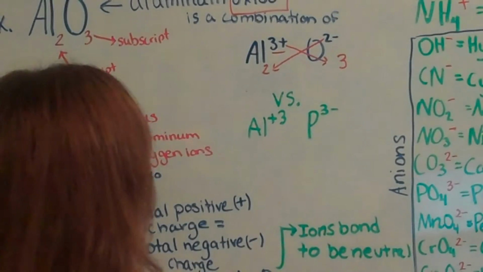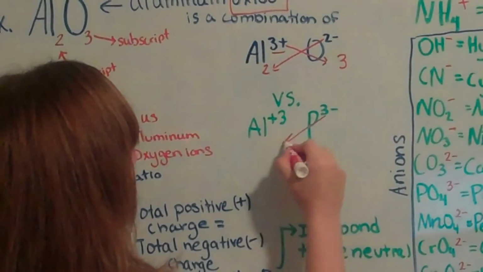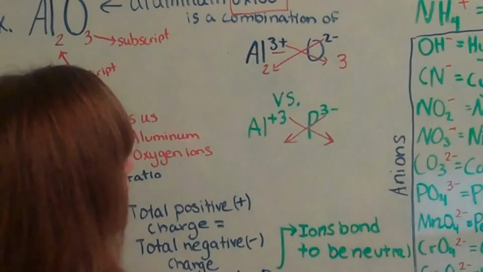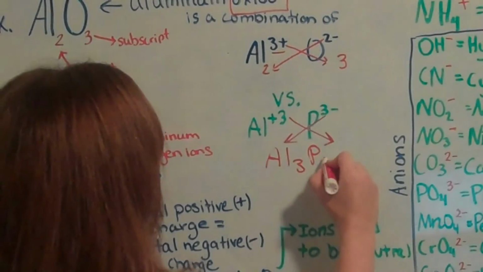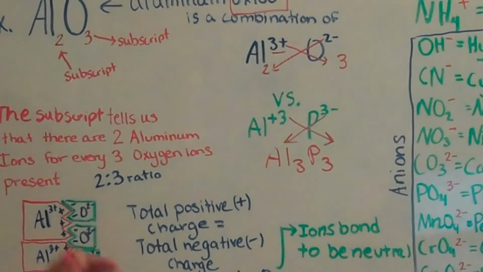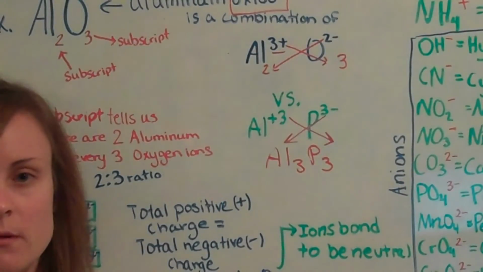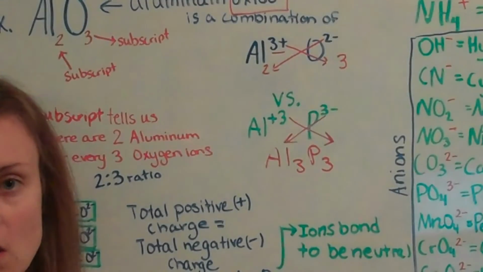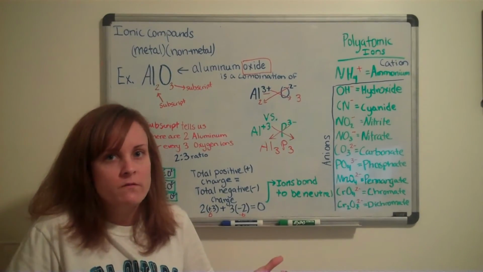But if you cross these down, and then you drop the charges, we have aluminum 3, phosphorus 3. Okay? But if it's a ratio that's saying there's 3 aluminums per 3 phosphorus, this is the same thing as saying 1 aluminum per 1 phosphorus.